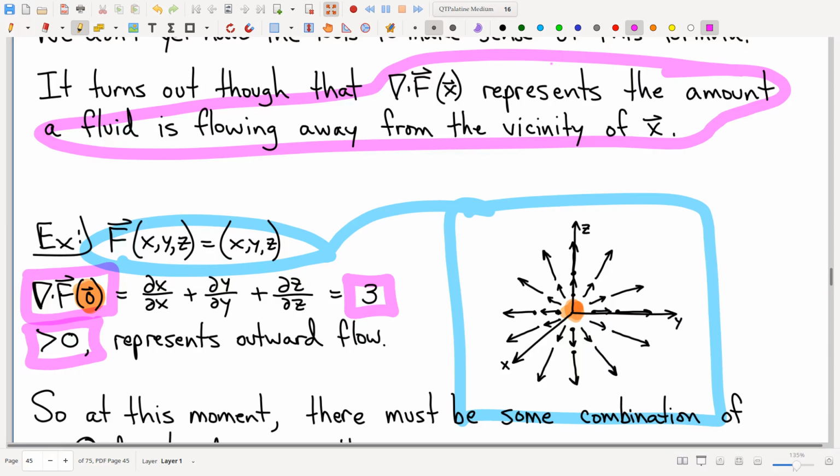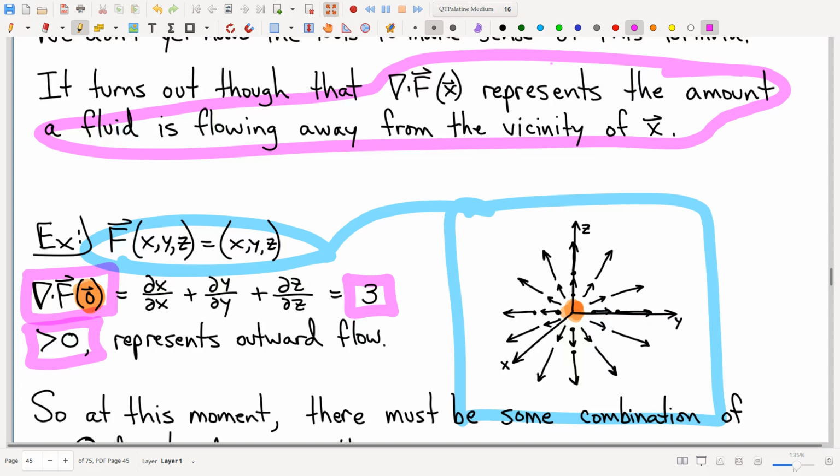Again, this is a tailored, cherry-picked example, but loosely speaking, this is kind of what you should think of when you see a positive divergence. And by the way, another nice example to play with, I encourage you to work out the details for yourself: what if I put a minus sign on this vector field? Then all the vectors would turn inward, like a gravitational field, all inward.